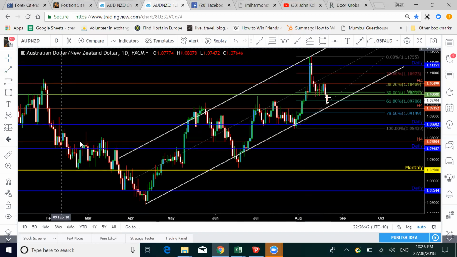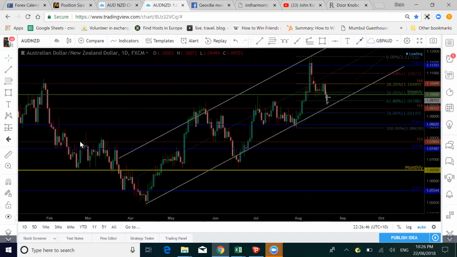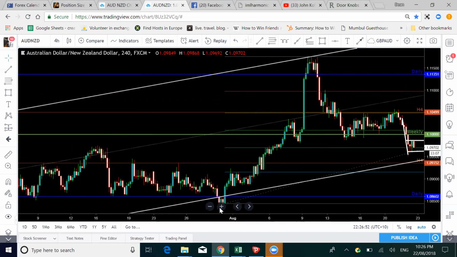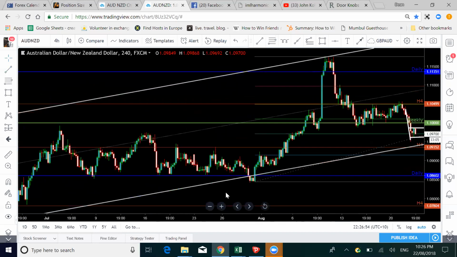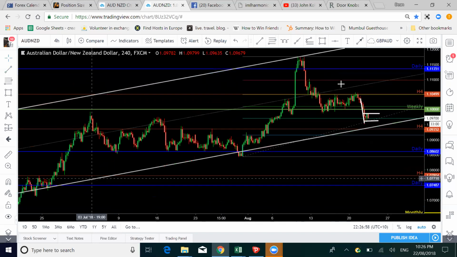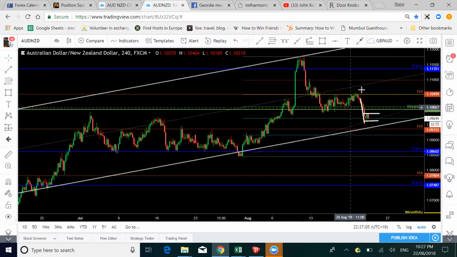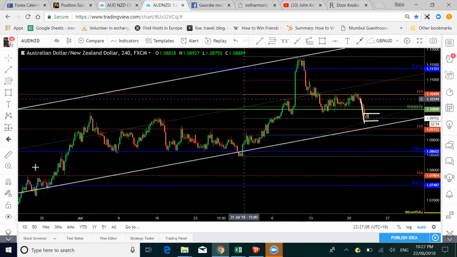The 4-hourly chart, I think it's in a slight upward movement. Okay, we're just sort of slowly moving up here.